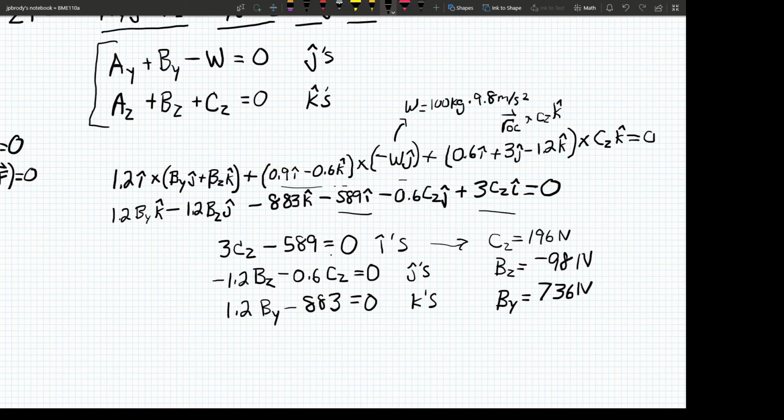We have to go back up here with these two equations, and you can see we've got b sub y, we know the weight, b sub z, c sub z, so then we can just solve for a sub y and a sub z using these equations up here. And I'm just going to write them down.